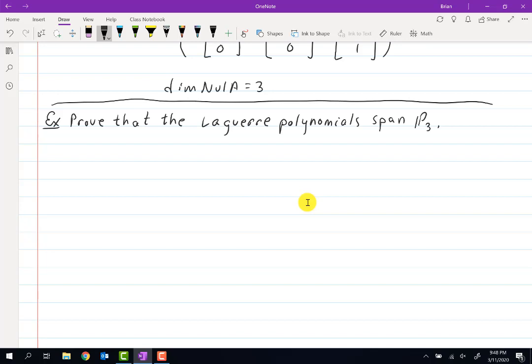What are those, you might ask? Well, here they are, the following. We have 1, then we have 1 minus t. It's a set of 4 polynomials. 2 minus 4t plus t squared. 6 minus 18t plus 9t squared minus t cubed.